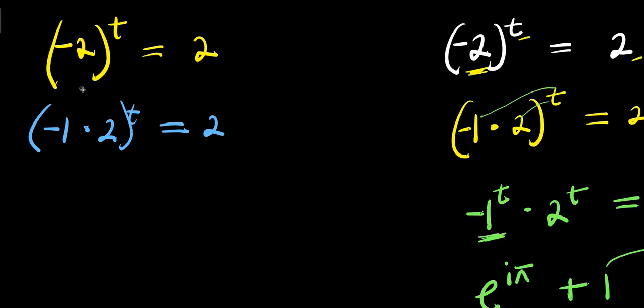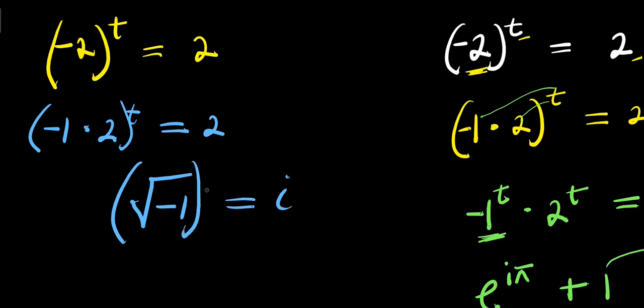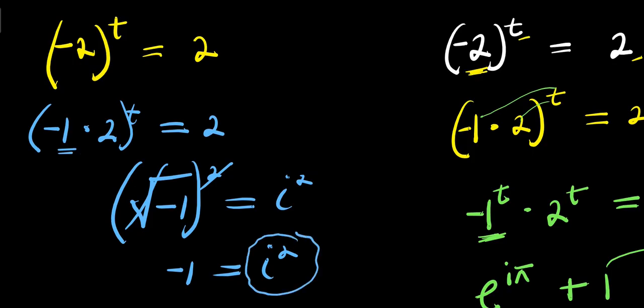Now, what we are going to do next is make use of this trick. Remember, if you have the square root of -1, this equals i. Now, if you take the squares, the square root here eliminates the square here, so you have -1 equals i^2. So we replace the -1 here with i^2.